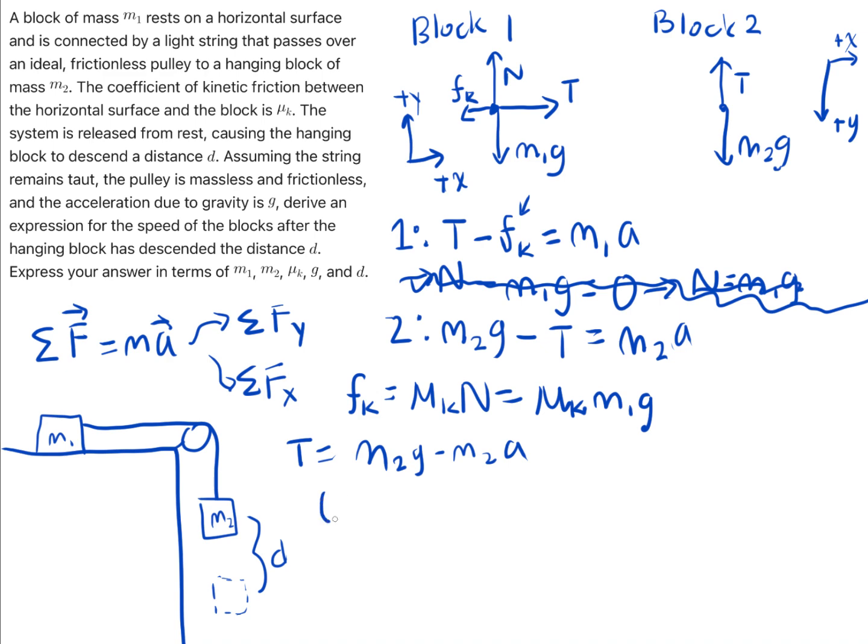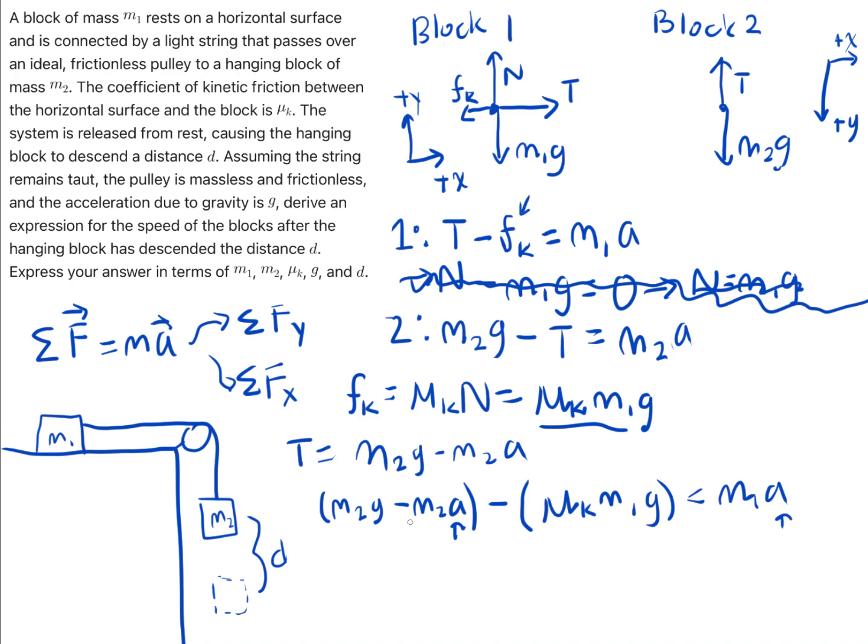So we have m2g minus m2a, that's from here, plug it into the first equation, and minus Fk, which is the force of kinetic friction, which we also have an expression for here. We can plug that in too. And we can set that equal to m1a. And so now we just have a in this equation, and we just need to solve for a.